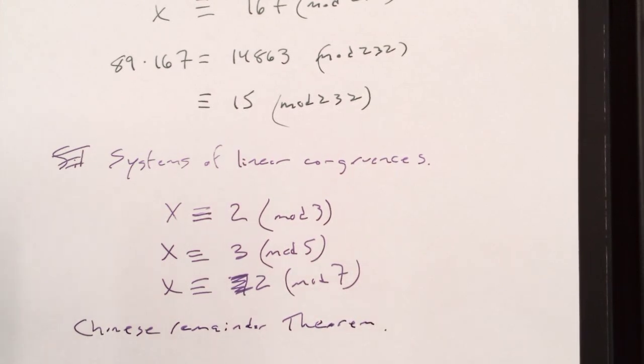But in order to do this, something important has to happen with all of my moduli. You'll notice that the m's I am using here, 3, 5, and 7, they're all prime. That's not actually a requirement. I just need them to be relatively prime to one another.